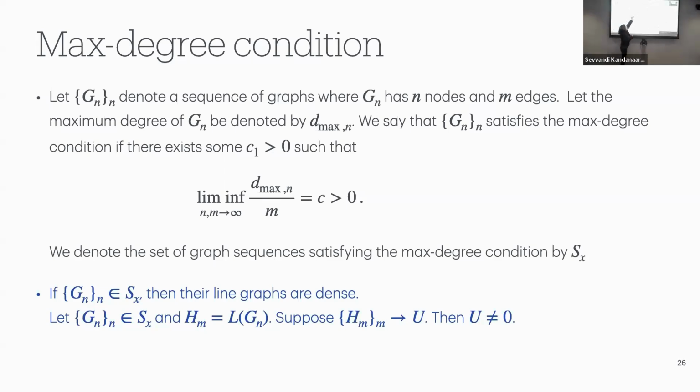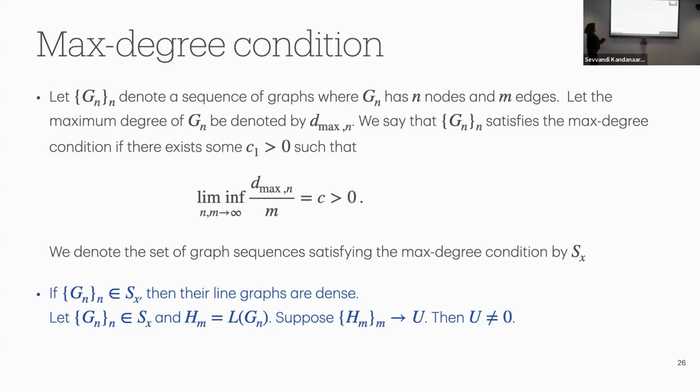For every G_n, you take the maximum degree divided by the number of edges, and if you look at that sequence and the lim inf is strictly positive, then when you take the line graphs, they will be dense.